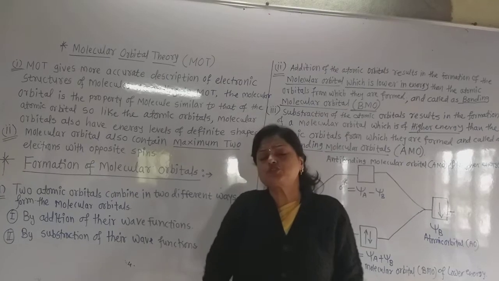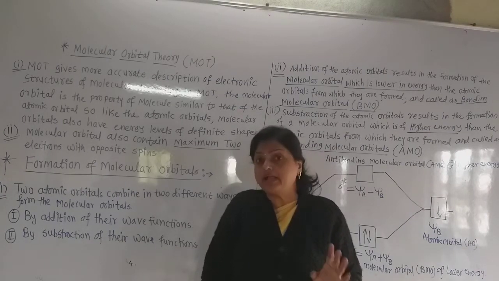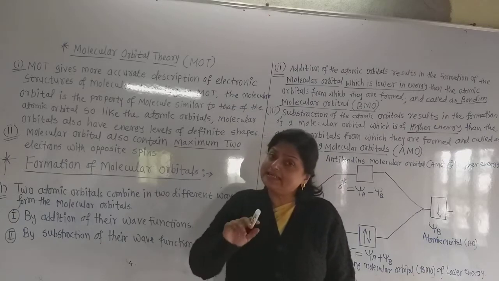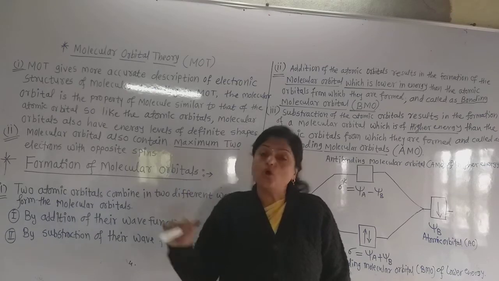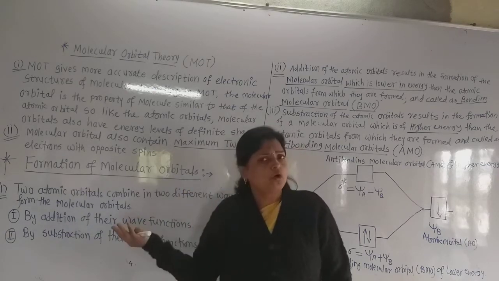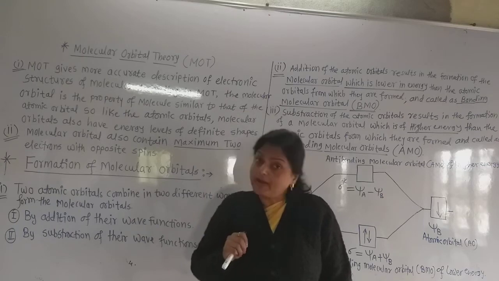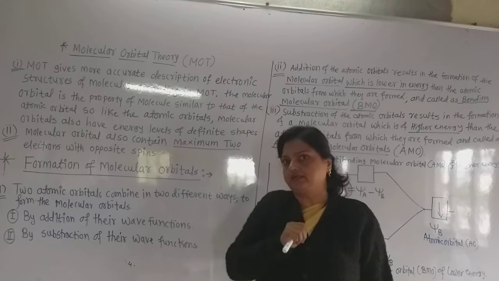However many atomic orbitals combine, exactly the same number of molecular orbitals are formed. So 2 atomic orbitals combine to give 2 molecular orbitals, but the combinations are different.